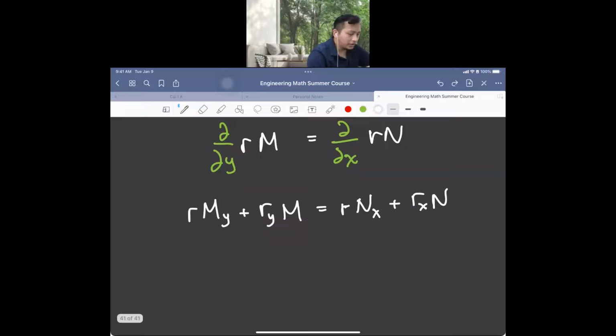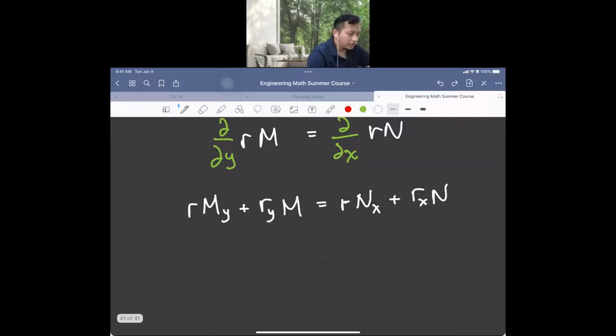And we can simply move terms: R_x N minus R_y M equals R times (M_y minus N_x).